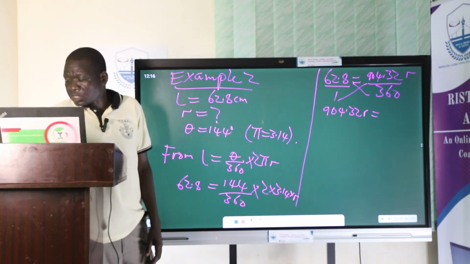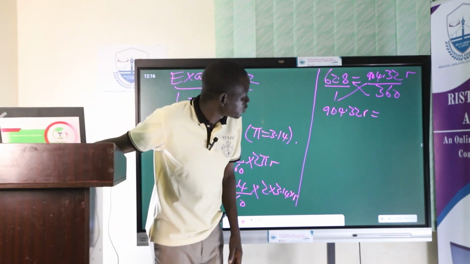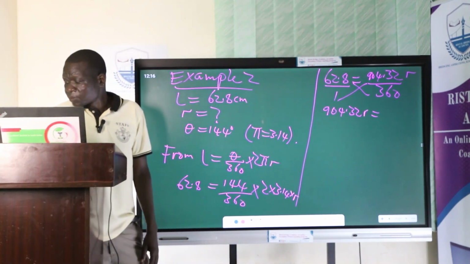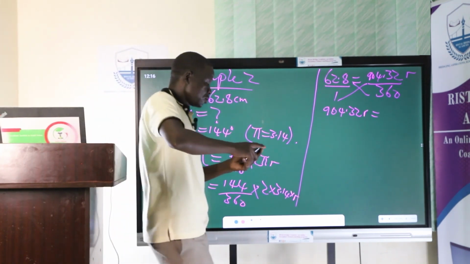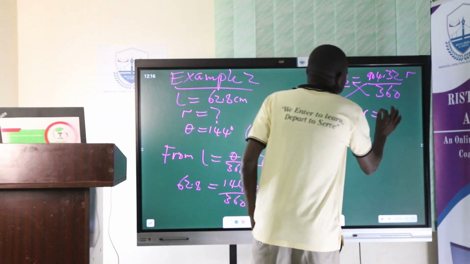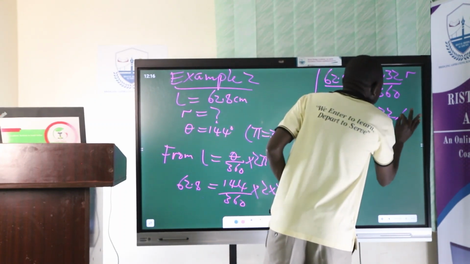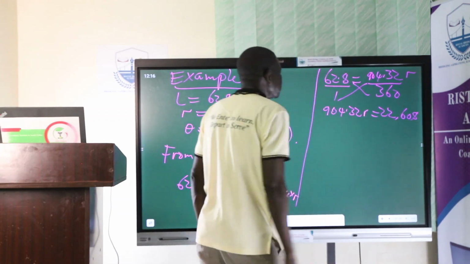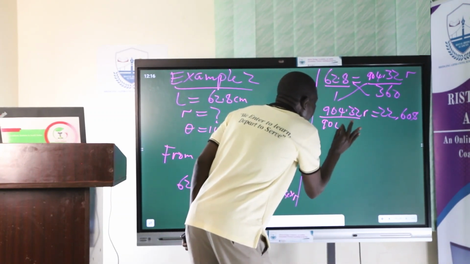You find that we get 22,608. To remain with the r, I divide both sides by 904.32, so that this one is automatically cancelled.